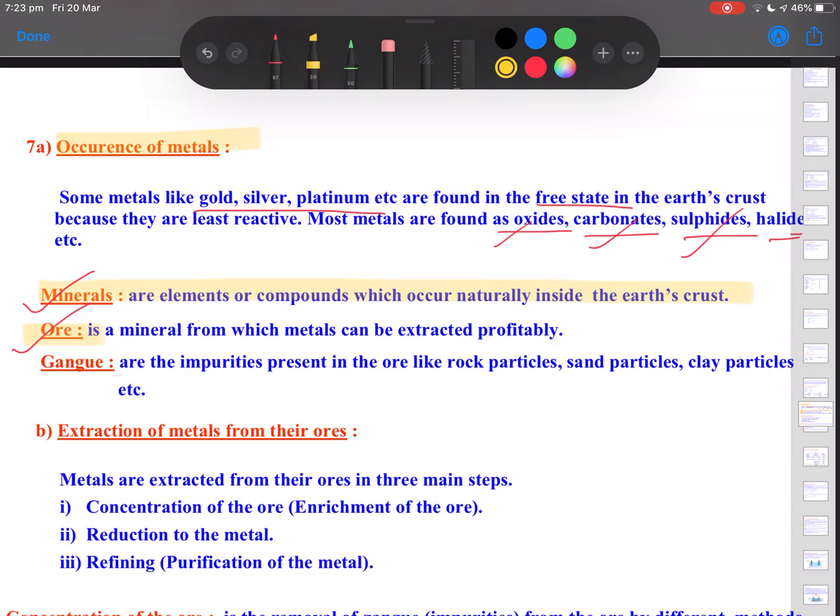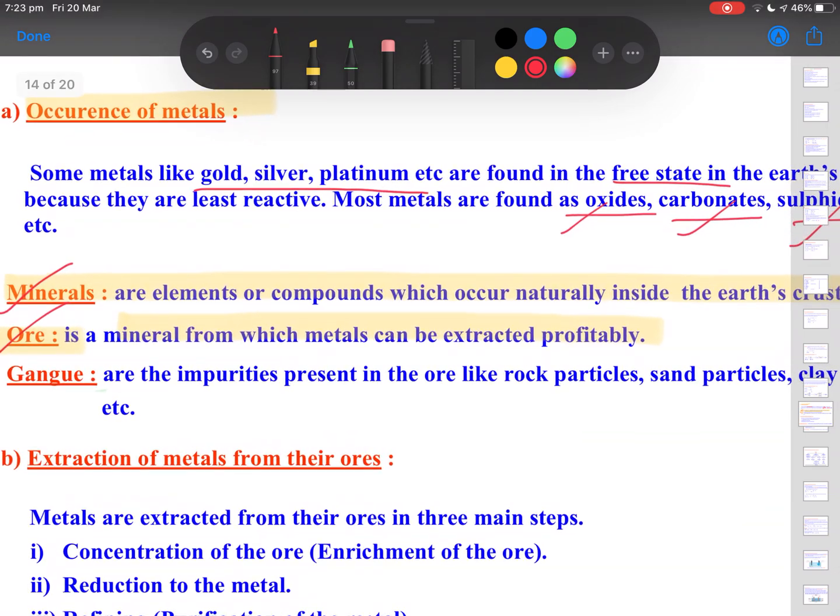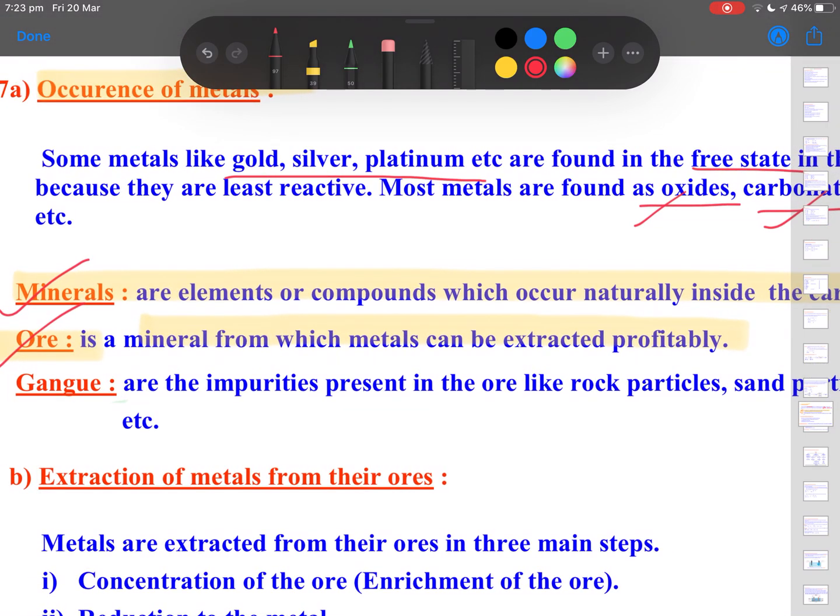So here we can highlight it. Minerals from which metals can be extracted profitably, in a cheaper way and easily, are called ores. A very important statement which you should know, and I'm going to write down here for you.